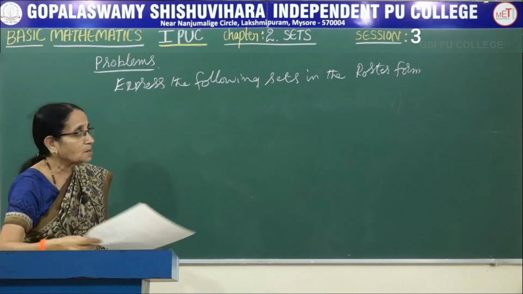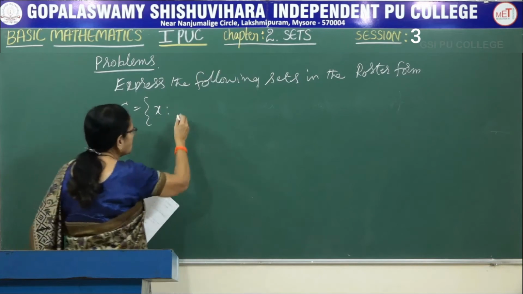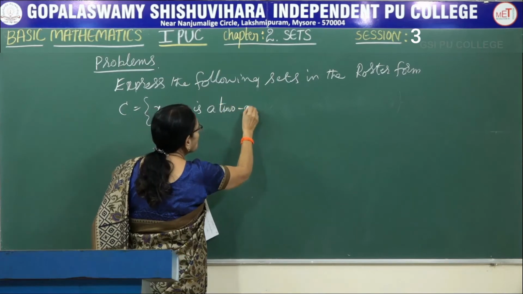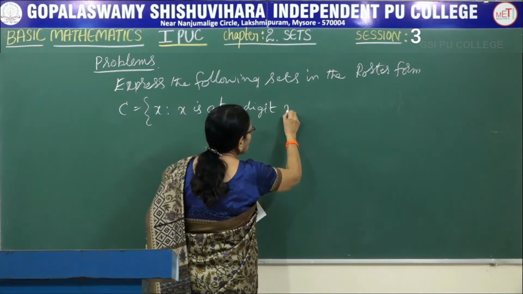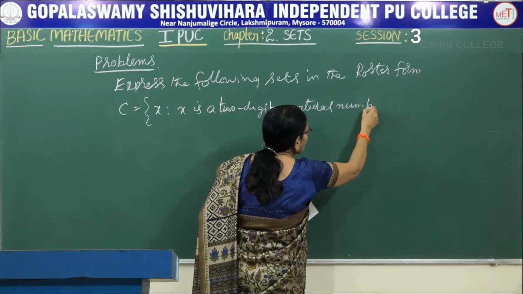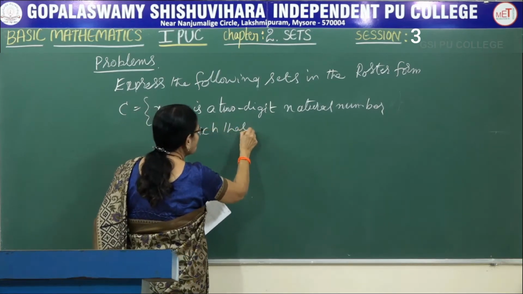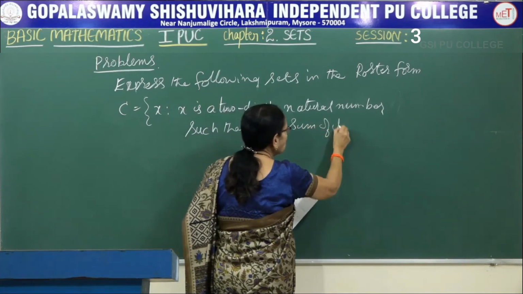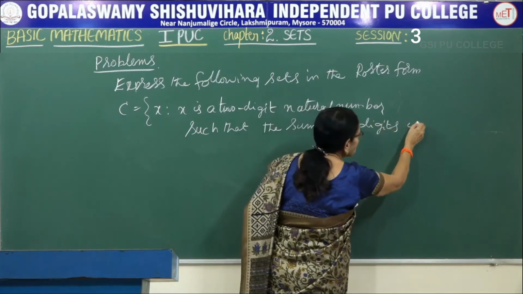The next one, the set C contains all x such that x is a 2-digit natural number such that the sum of its digits is 8.